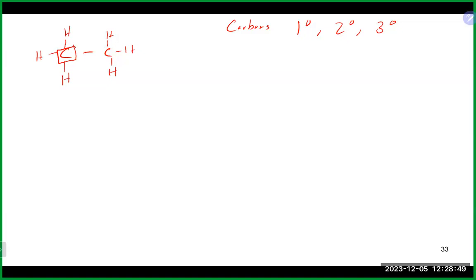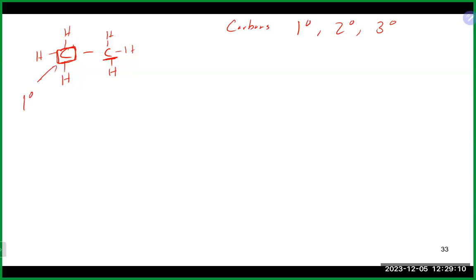The easiest way really to do it is to look at the carbon that you're looking at, and you want to see how many carbons are directly attached to it. So in this case, this carbon that's in the box has one carbon that's directly attached to it. That is a primary carbon.